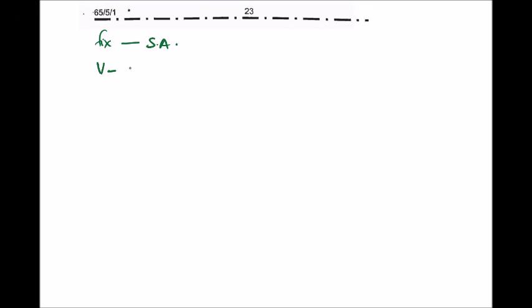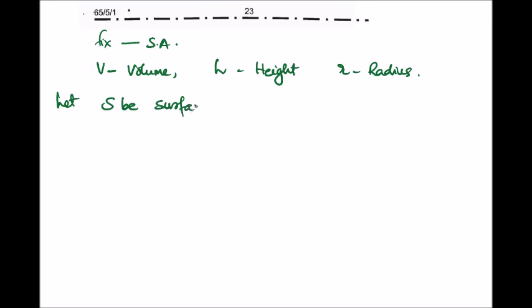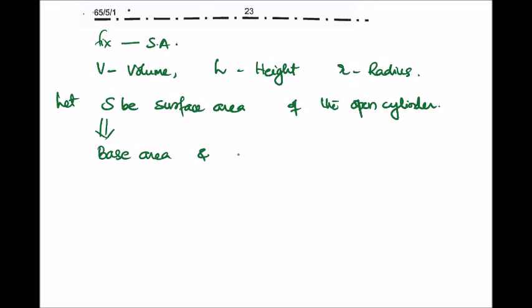Let V be the volume, H the height, and R the radius that's given. Let S be the surface area of the open cylinder. That is, S consists of base area and curved surface area.